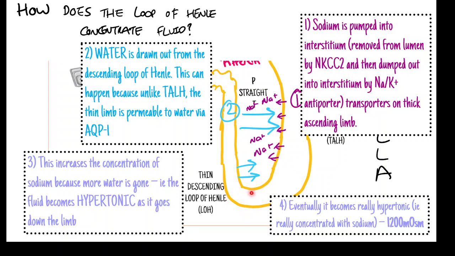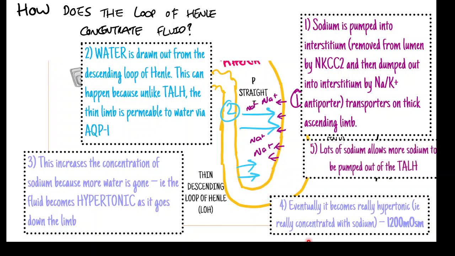So that means your filtrate here is super concentrated. And finally, because there's lots of sodium here, there's a high concentration that can be pumped out. So basically we're back to stage 1 again.